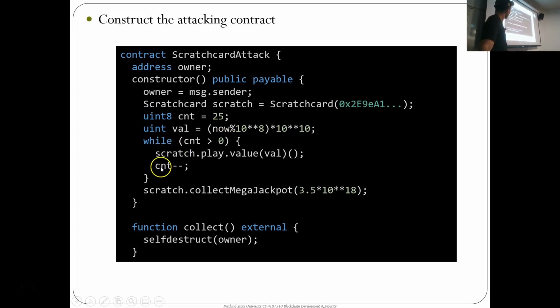I'm going to do this in a loop 25 times, playing with this particular value. And then at the very end, I'm going to call collect mega jackpot because I've won it 25 times. I'm going to withdraw the entire balance because that arithmetic check fails. Okay? And then I have this call collect to give myself all the ether back.